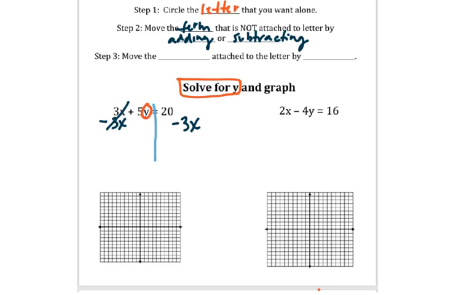So now I have 5y equals. Now my 3x and my 20 are not like terms. Do not do 20 minus 3. It's not going to work. This is an x, this is a number. So I'm going to write them next to each other. This is negative 3x, and that was a positive 20.